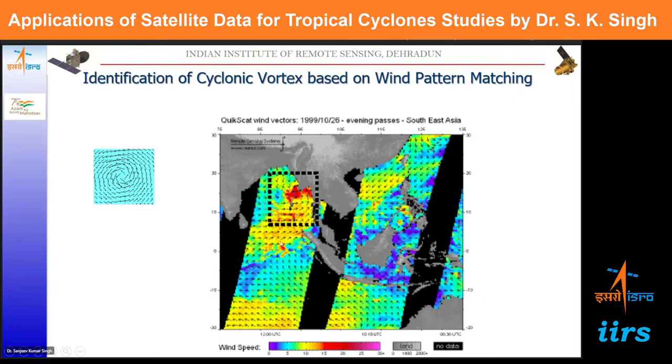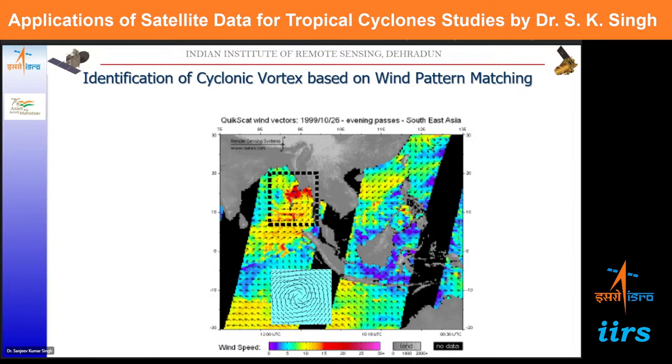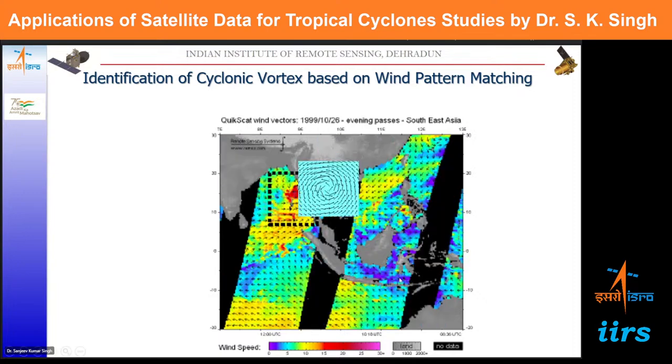At each and every grid point, they computed this C value, the matching index. Where the matching index is maximum, that point is considered the center of this low pressure, and this low pressure is definitely going to develop into a tropical cyclone if Cmax is more than 0.6.